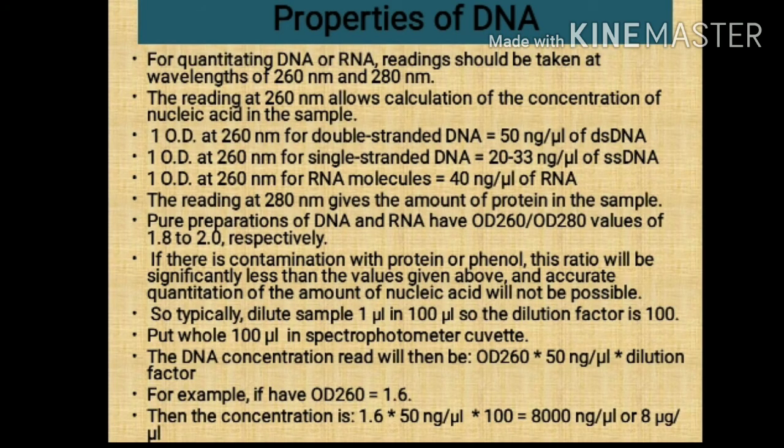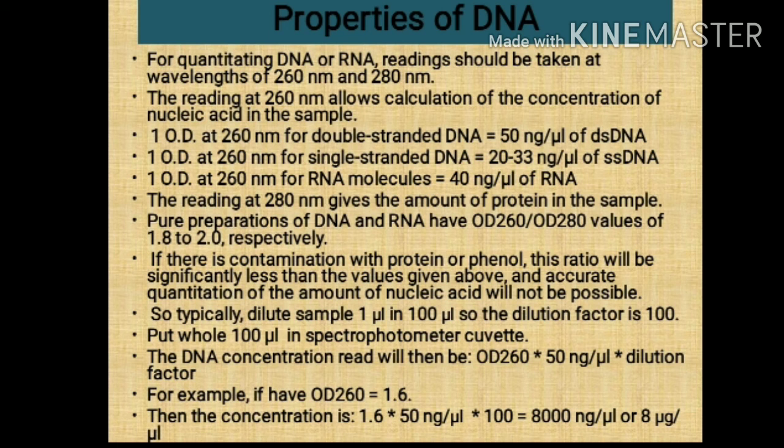Concentration of the DNA is also determined. The concentration of DNA in the sample is estimated by measuring the optical density at 260 nanometers. At 260 nanometers, 1 OD is equal to 50 nanograms per microliter of double-stranded DNA.